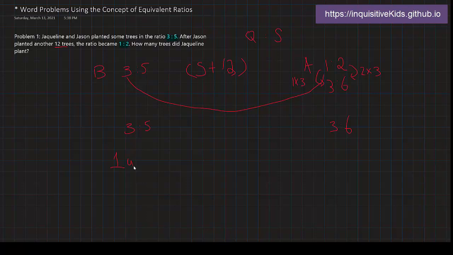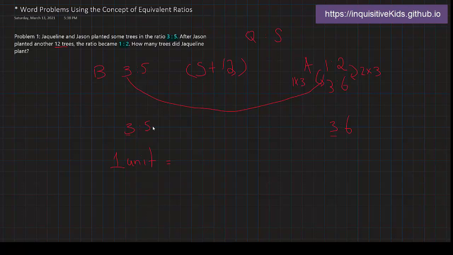So 1 unit is equal to something. But now we can figure that something out. We know that Jaqueline's amount is supposed to stay the same, and that's what is right here. The 3 equals 3.